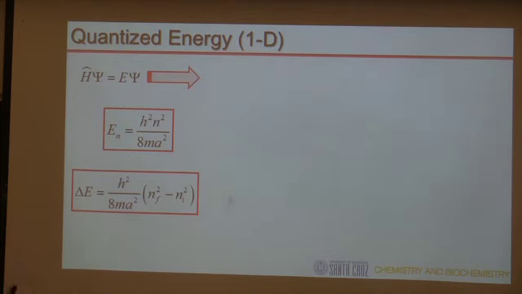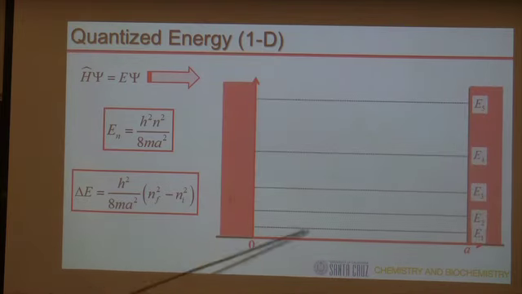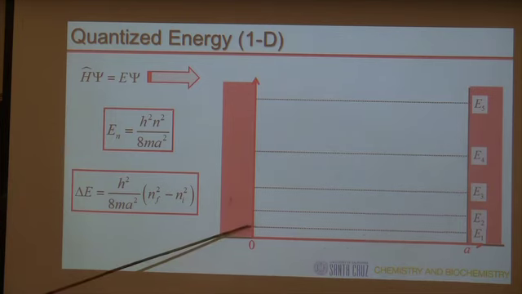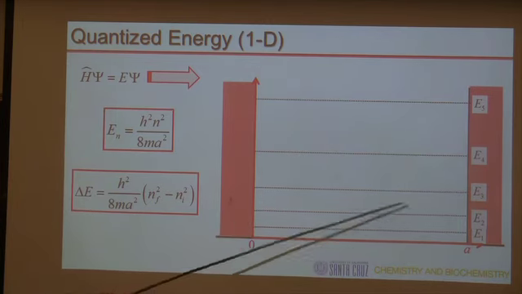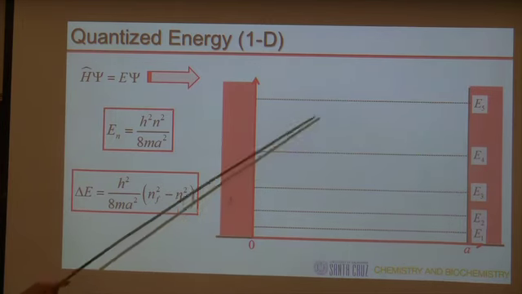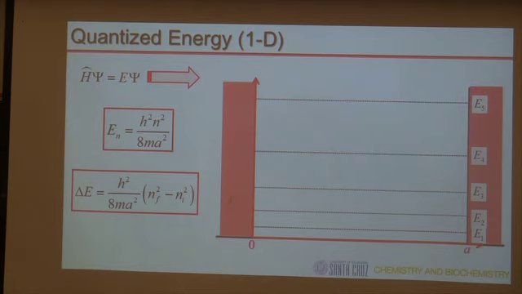You can draw it on paper, and you get a picture like that. E1 is about this high, E2 is about this high, E3 is this high, and E4 is this high. Naturally, you will figure out that the gap between the first and second is smaller than the gap between the second and third, which is smaller than the gap between the third and fourth.